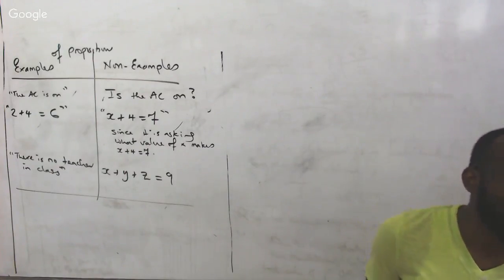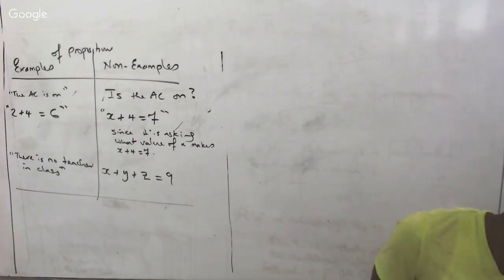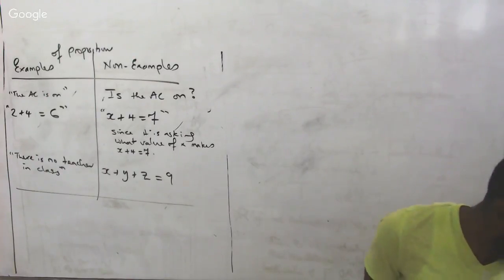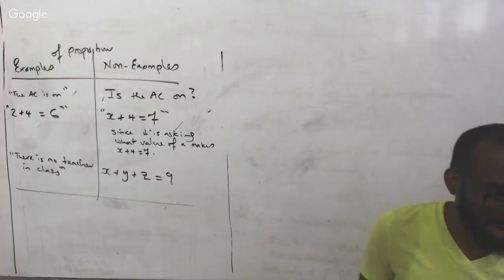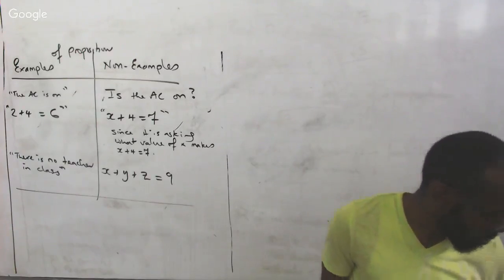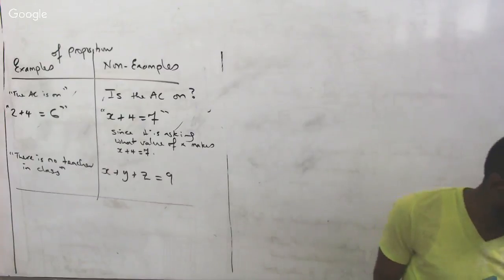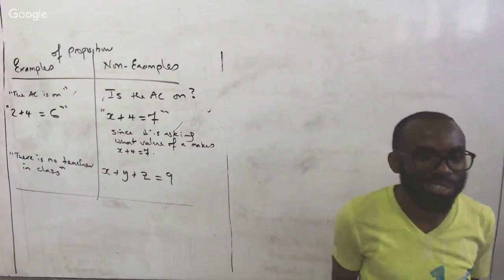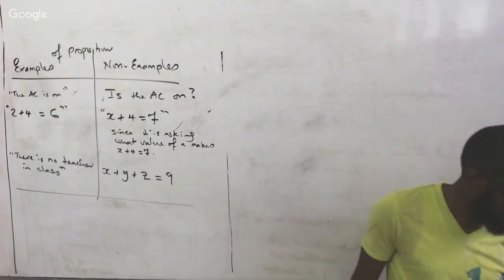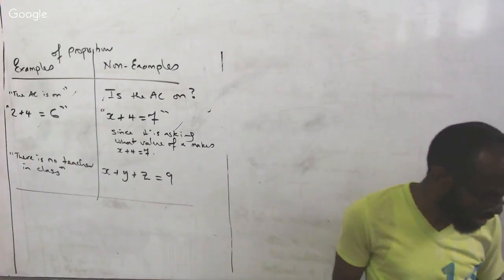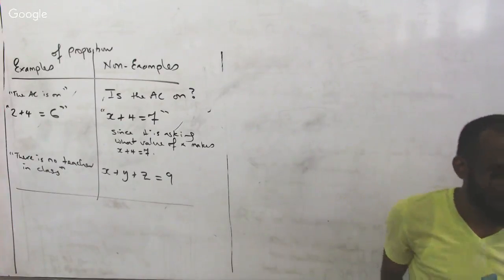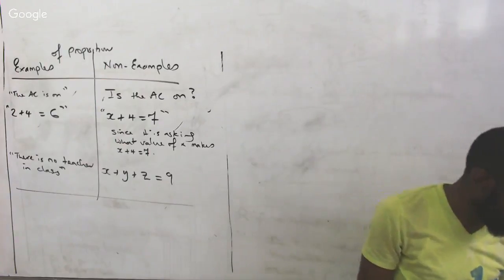No, because it's asking what value of x would make 2 times x plus 3 equal to 12. Clearly, C is not a proposition either, because that was on the board. What is an even number? No. That's a question. It's just asking somebody to tell them what an even number is. And root 2 is a rational number. That's a proposition. That's the only proposition in all of that, right?